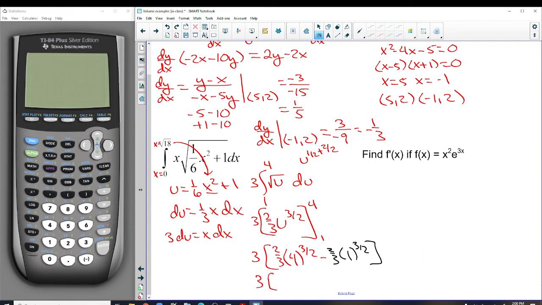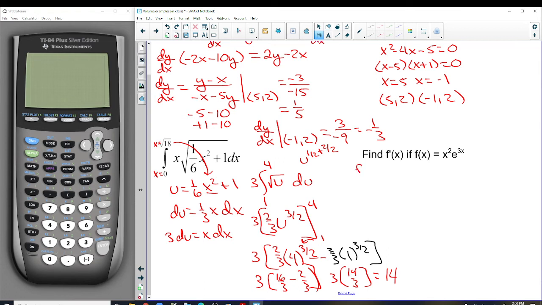See, square root of 4 is 2. 2 to the third is 8. That's 16 thirds. And then minus 2 thirds. Well, that's 3 times 14 thirds. So we're looking at 14. There we go. Do the root first. Do the square root first, and then raise that to the third power, and that's usually the easiest way to go with that.